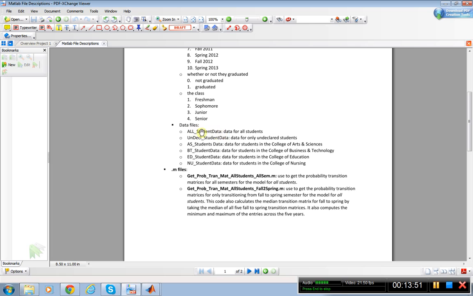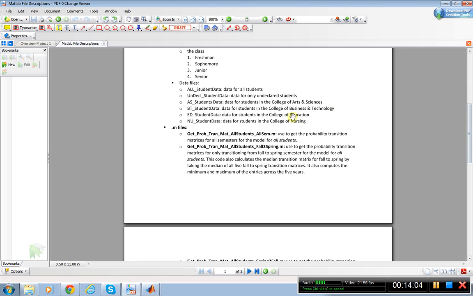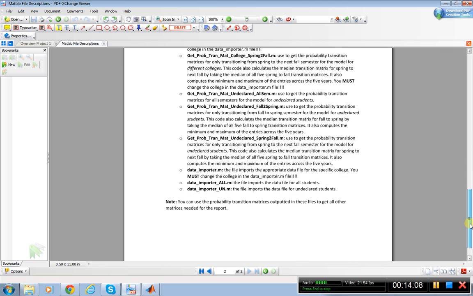Everybody's going to be using the all student data and undeclared student data. Then you need to find your name and figure out which one of these 4 colleges is your particular college to be examining. Then you have these different M files, and here I explain all the different M files and what they output.